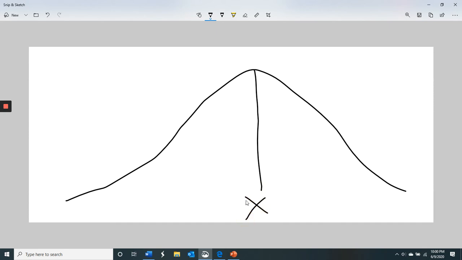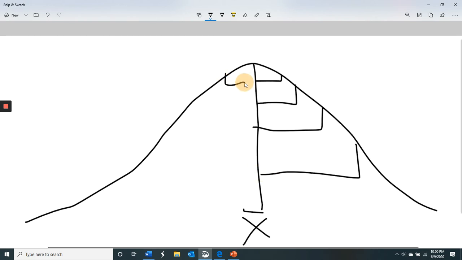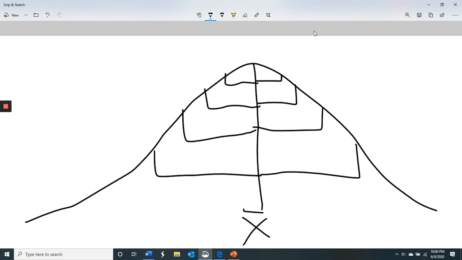We're going to take every score and find how far it is from the mean. We'll do the same thing over here, and it's symmetrical. It's a normal curve. So we're going to find the distances from the mean and add them up. But we have to square them first.